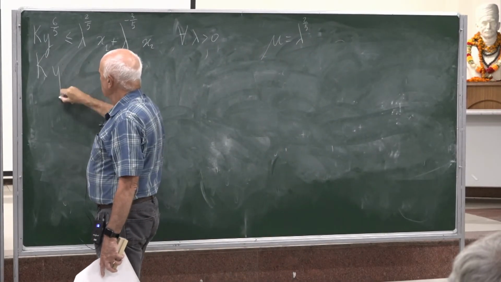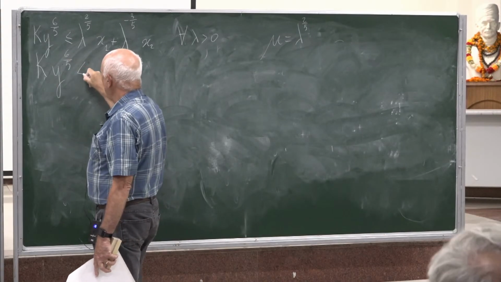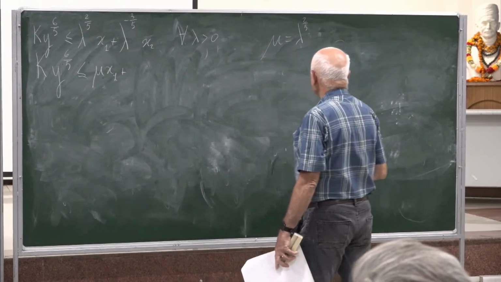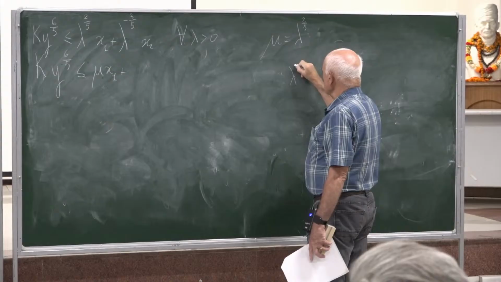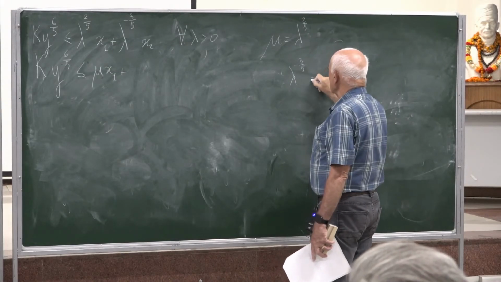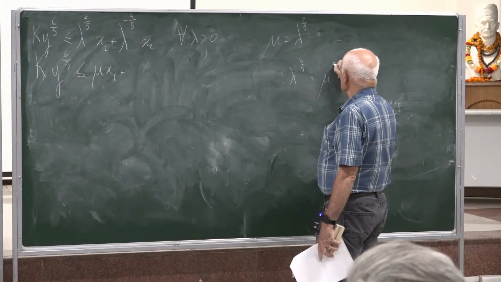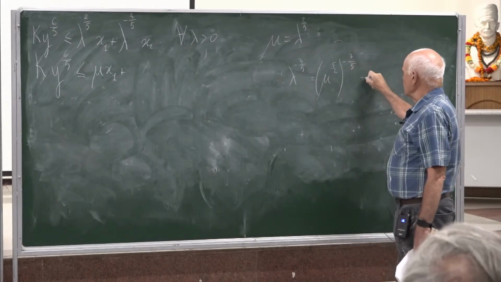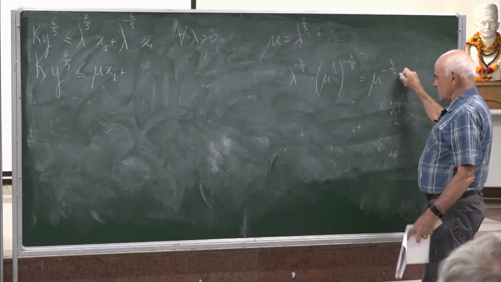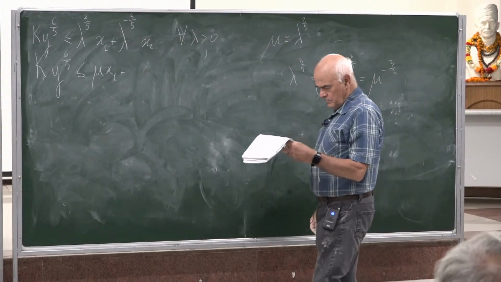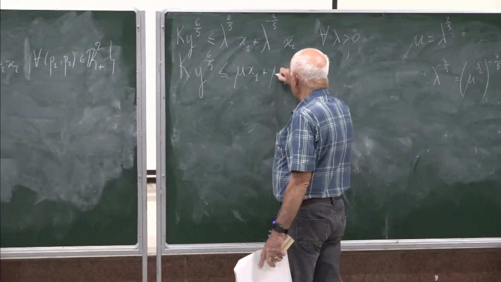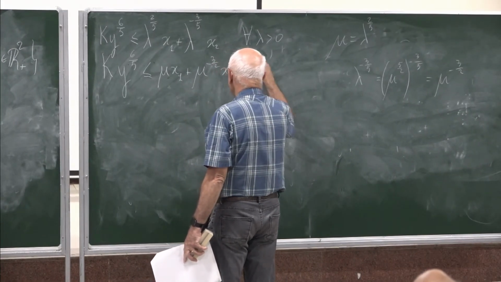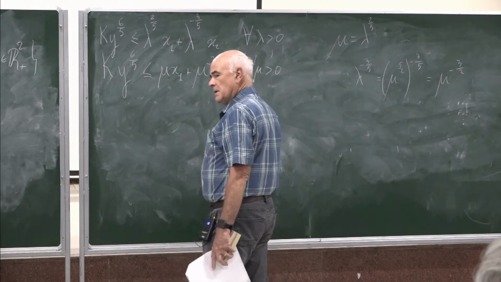And so now our last formulation is mu x1 plus, so what is lambda to the minus 3/5, because lambda is mu to 5 over 2 and this to the power minus 3/5, so it's mu to the power minus 3/2, if I am not wrong. And this is for every mu strictly positive.